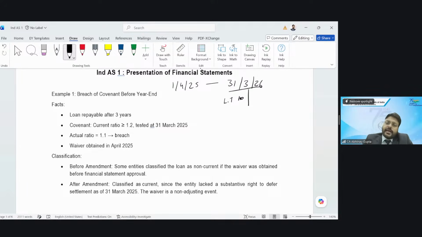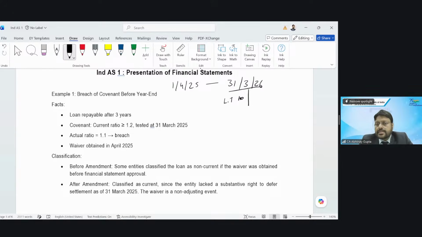Now under the IGAP, what we were doing, we were simply continuing with the long-term liability, because there was no such concept that if the covenant is breached, we should be looking at the classification of these long-term liabilities, whether they are becoming current or not, right? So there was no such discussion under the IGAP, and hence companies, whether in default or not of any of the covenants, were just not paying attention to that, and were simply continuing with the usual classification which they had opted for in their balance sheet, right?